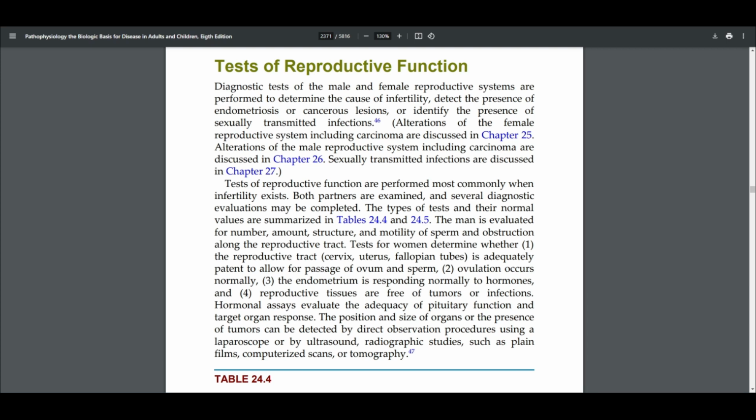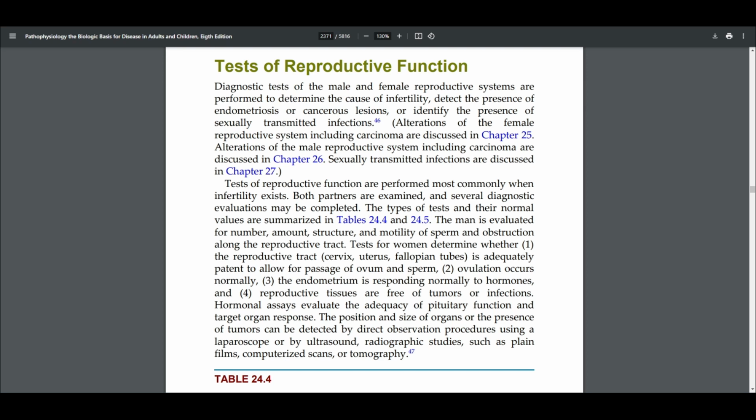The man is evaluated for number, amount, structure, and motility of sperm, and obstruction along the reproductive tract. Tests for women determine whether: 1. The reproductive tract, the cervix, uterus, and fallopian tubes, is adequately patent to allow for passage of ovum and sperm. 2. Ovulation occurs normally. 3. The endometrium is responding normally to hormones, and reproductive tissues are free of tumors or infections.